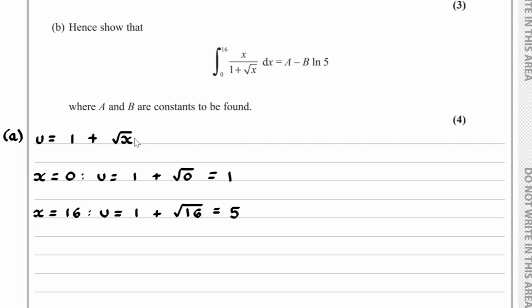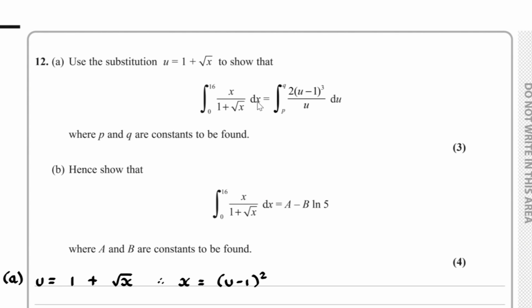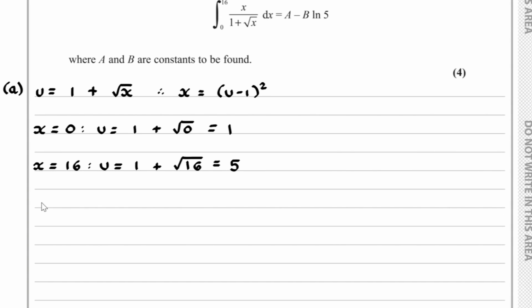What we can also do is rearrange for x. If we were to rearrange, x is equal to u minus 1 all squared. What we also need to do is replace dx with something involving du's.